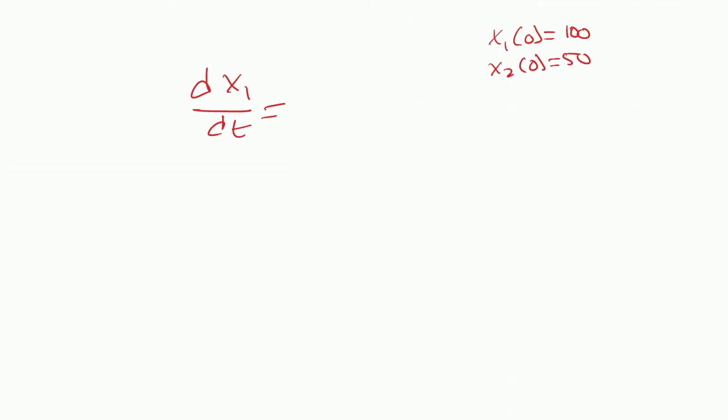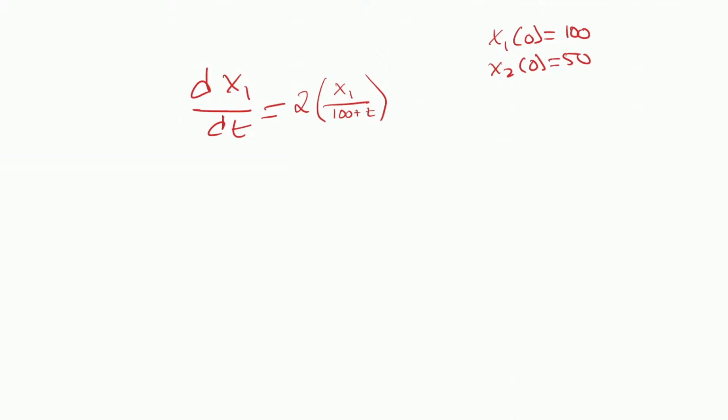Okay, so dx1 over dt is going to be 2 gallons per minute times x1 over 100 plus t. And the reason for that is that the volume of tank A is going to increase by 1 gallon every minute because it's getting an extra gallon every minute.